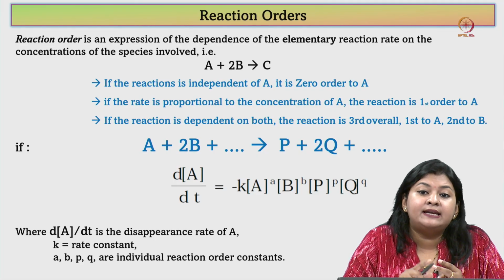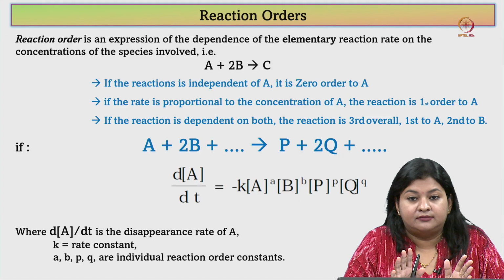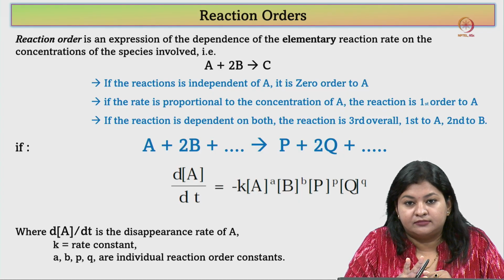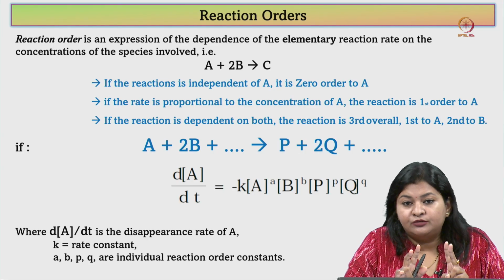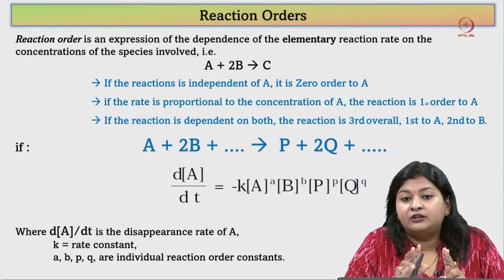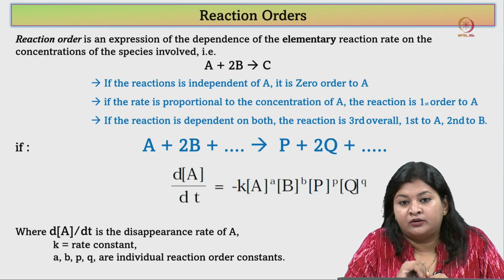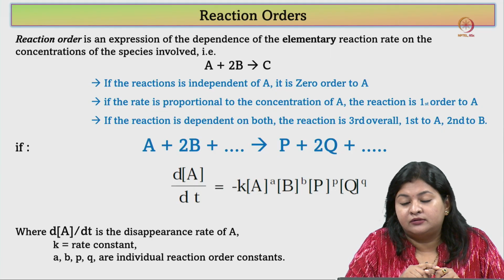If it is increasing exponentially, then it is called a second order reaction. Then the reaction order changes from 2 plus 1 is equal to third order. So, the overall order of the reaction becomes 3.